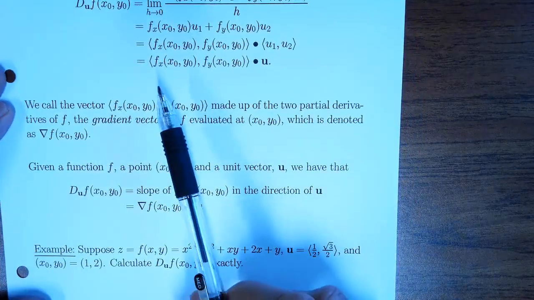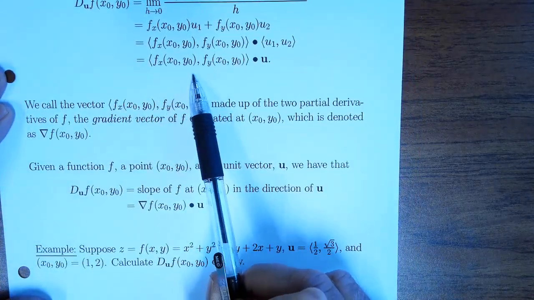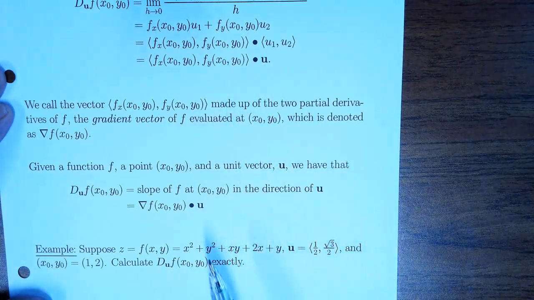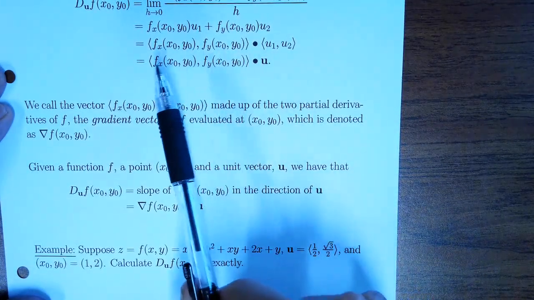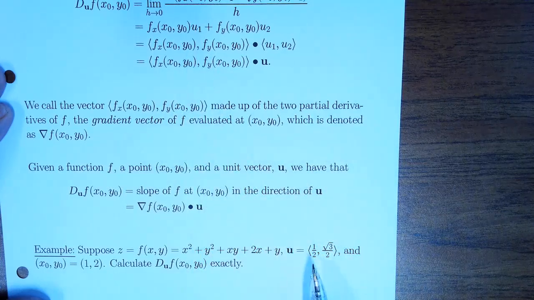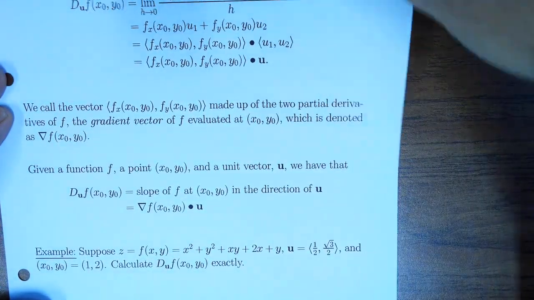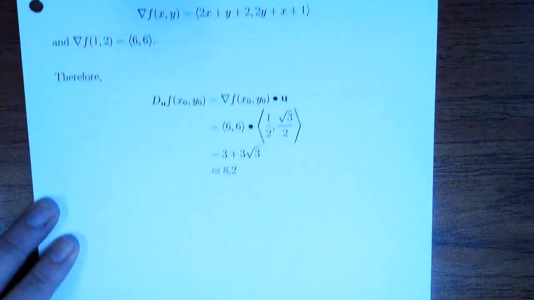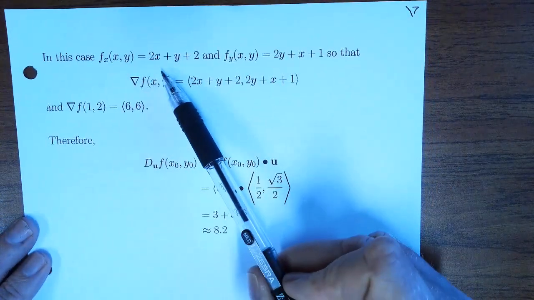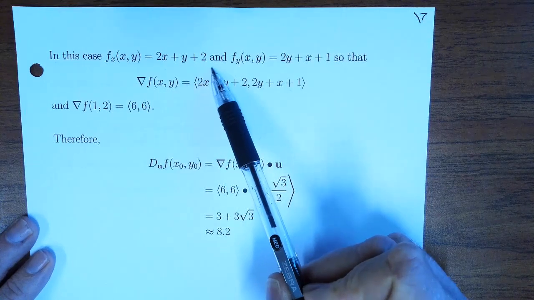We need to calculate the partial of f with respect to x, the partial of f with respect to y. We have f. We need to substitute our points in. We need to take our unit vector u and compute the dot product. So here we go. The partial of f with respect to x is 2x plus y plus 2.